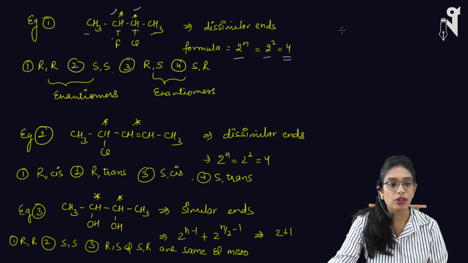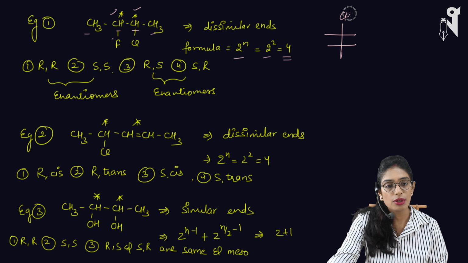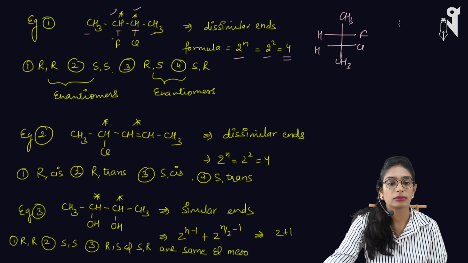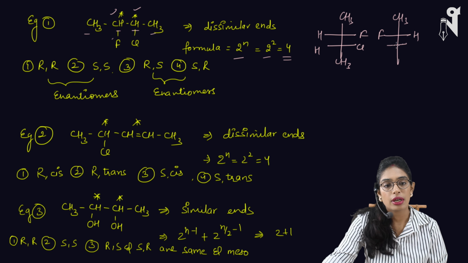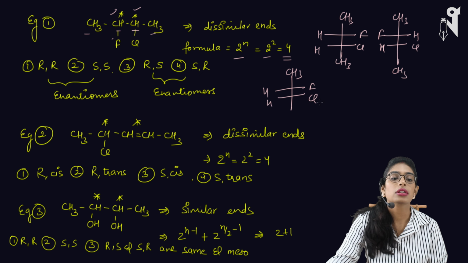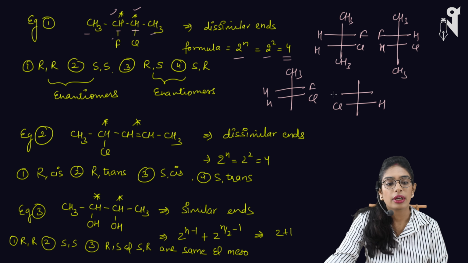First of all, if I draw the Fischer projection, that's how it is going to be. H and F, H and Cl, and then I can have the variation in the same: F and H, H and Cl, with CH3 at both ends, and H here, F here, Cl here, and then the other variation is Cl here, hydrogen here, H here and F here.